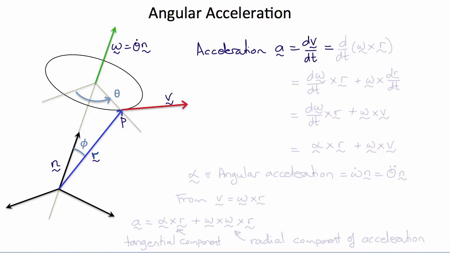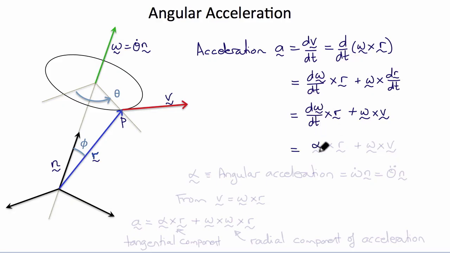The acceleration a is dv/dt, which from our previous slide is d/dt of omega cross r. Applying the product rule, it is d omega/dt cross r plus omega cross dr/dt, which is d omega/dt cross r plus omega cross v.